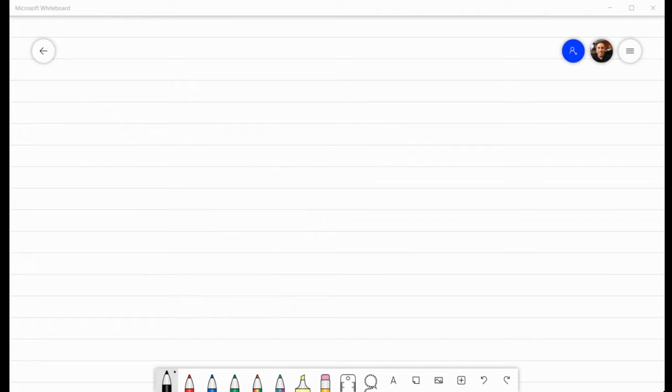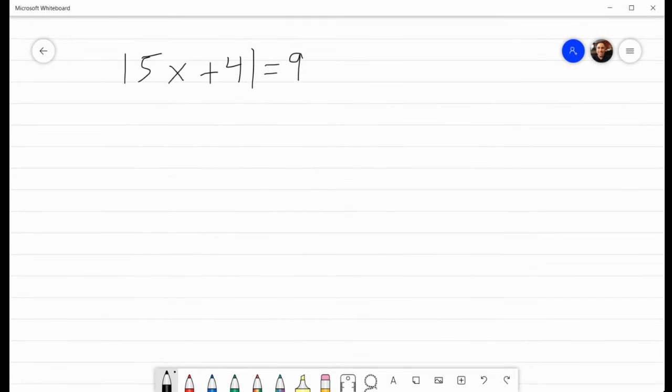Let's consider first the absolute value of 5x plus 4 equals 9. When you have this, you want to get two equations out of this.